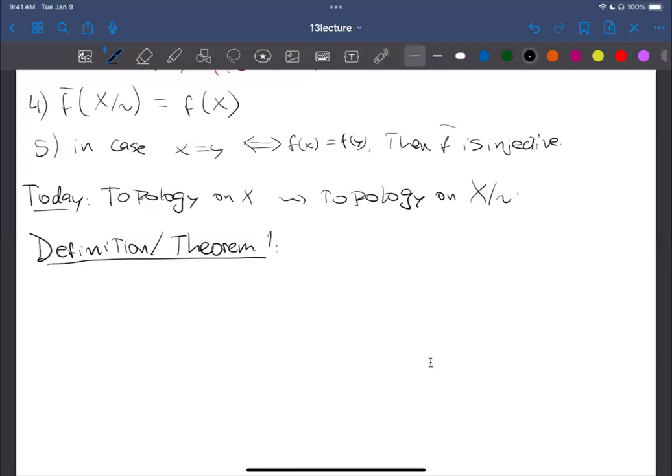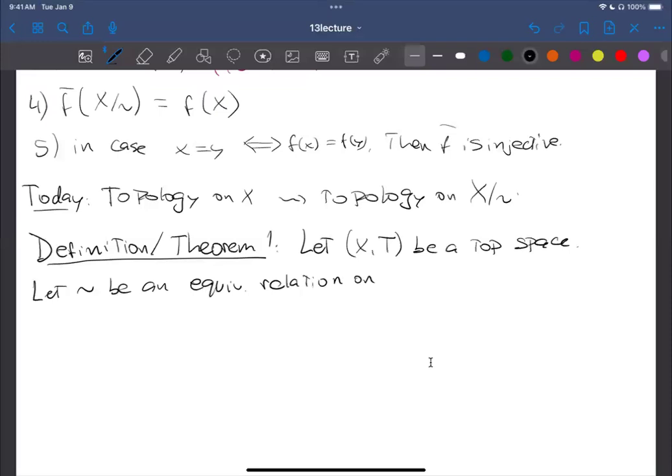Let's take a topological space now, X comma T. Okay, and let's assume we have an equivalence relation on X. I'm going to try to define the topology of the quotient, but for that, I will really need my quotient map.